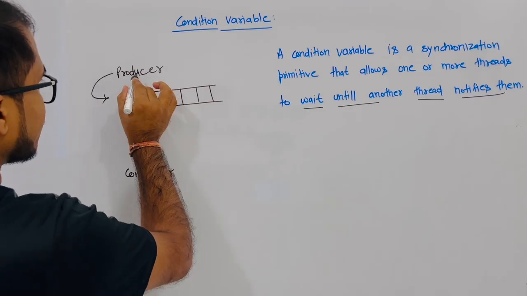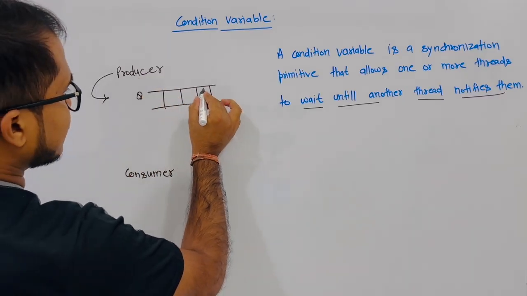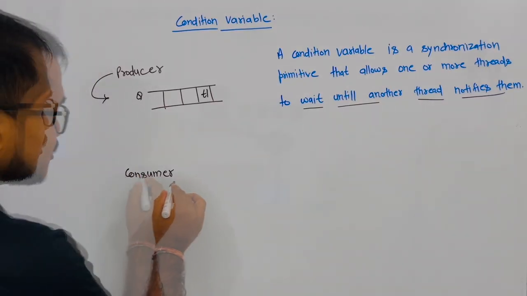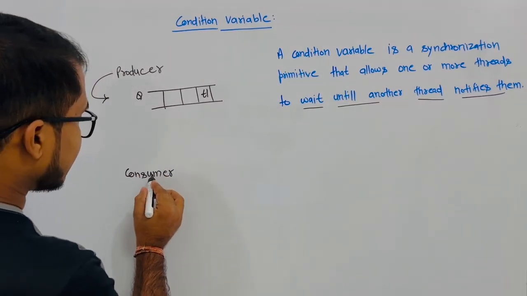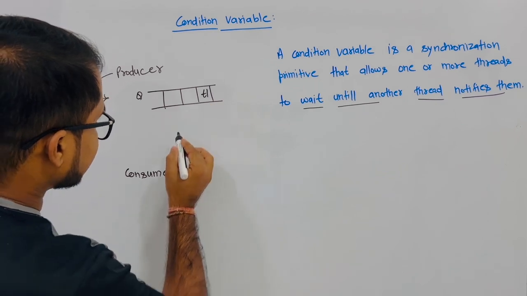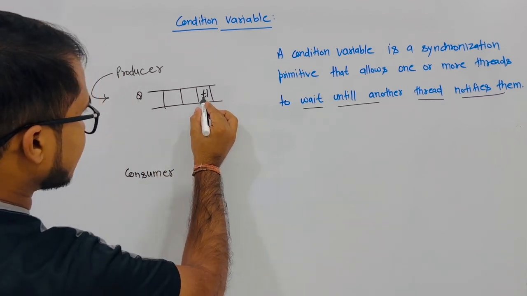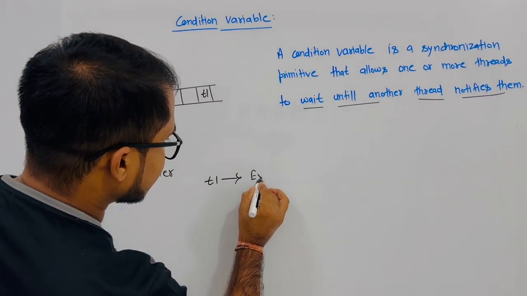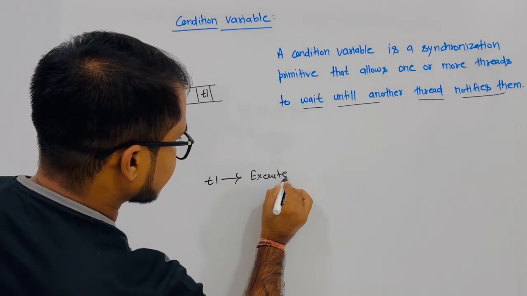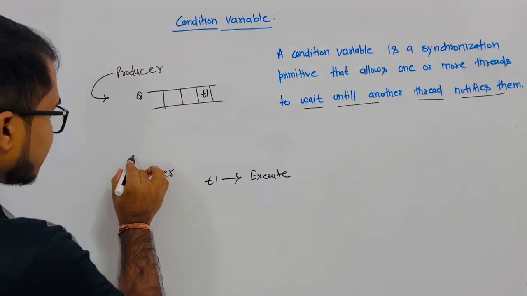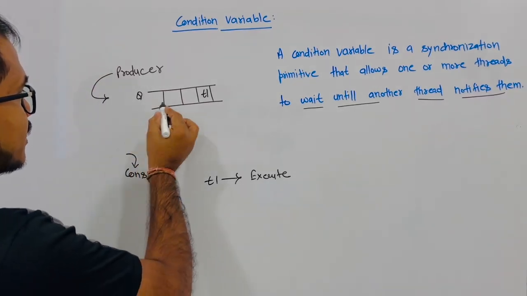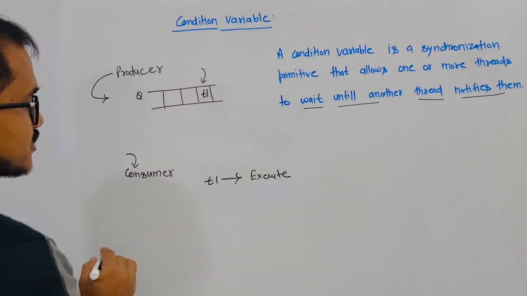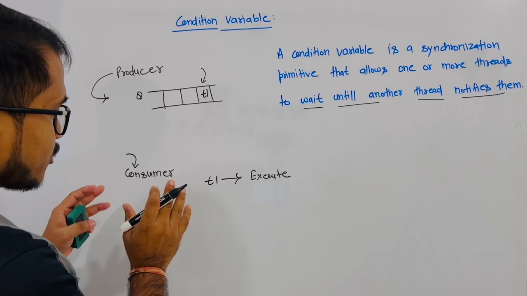Let's say for now the producer has created the task T1, and the consumer thread picks the task from this task queue, that is, it will pick the task T1 and execute it. So how will this consumer thread get to know that there are more tasks to execute in this task queue? There can be multiple approaches.